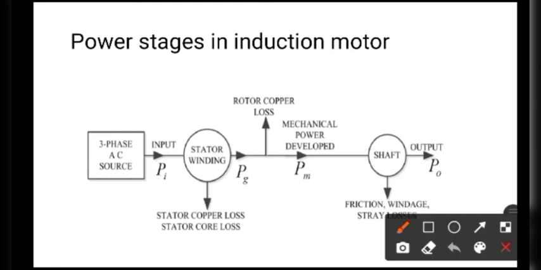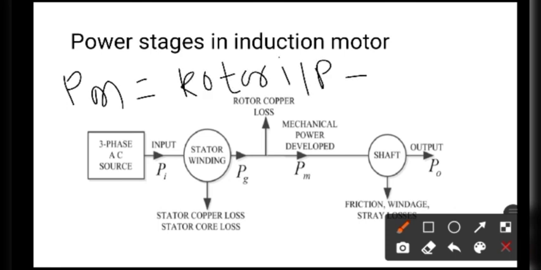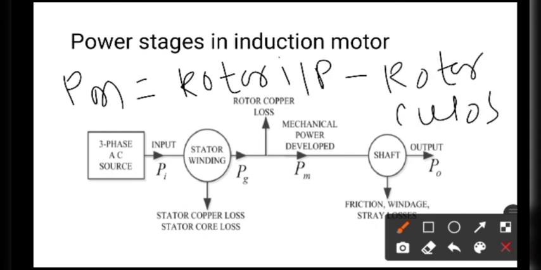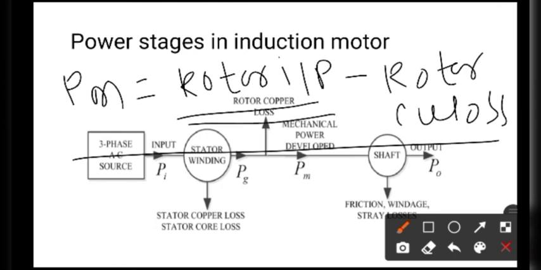Next formula is mechanical power available at rotor, denoted by the letter PM, and it is calculated as rotor input minus rotor copper loss. Mechanical power available at rotor is calculated as rotor input minus rotor copper loss.